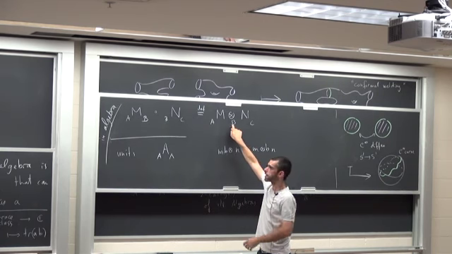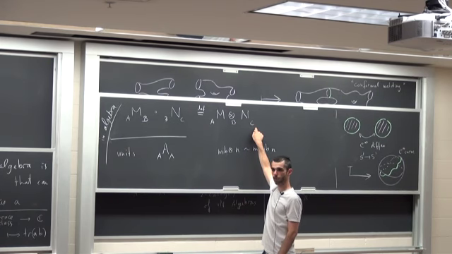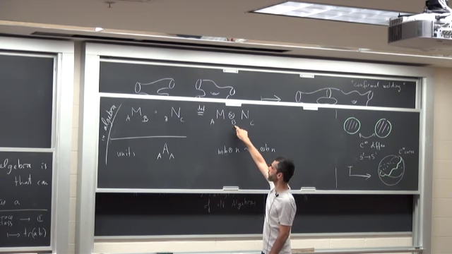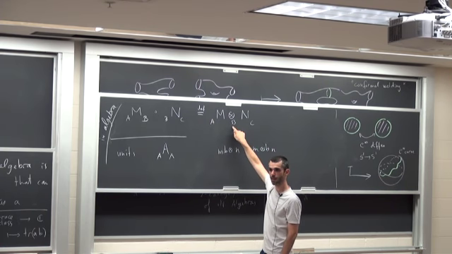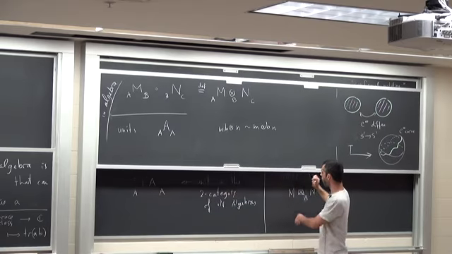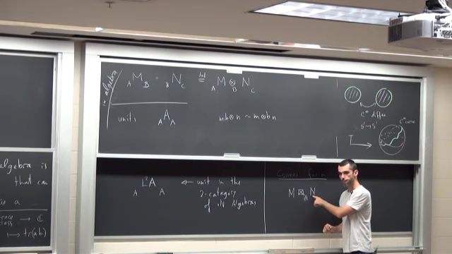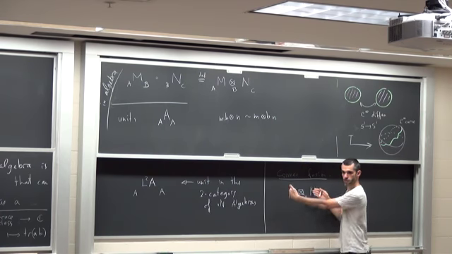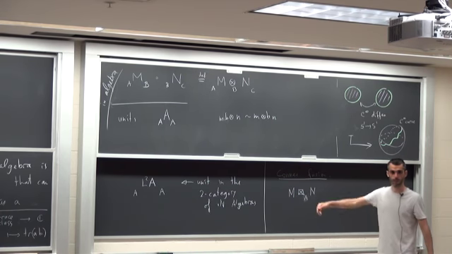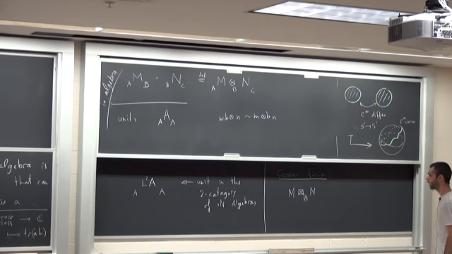Here, the algebras A and C are not really important in the construction. They sort of come along for the ride. The only thing that matters is what's here in between. And the same holds here. I just need to tell you what the fusion is of a right module with a left module. And if I have further actions on the two sides, then they just come along for the ride.